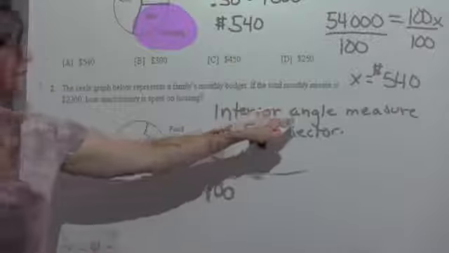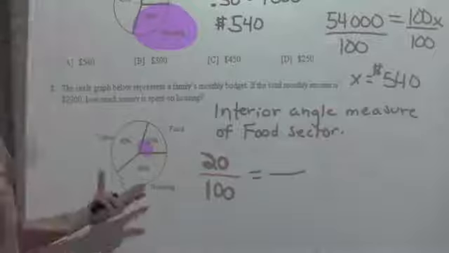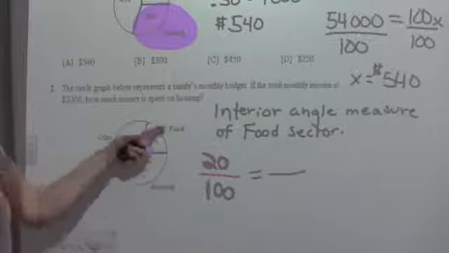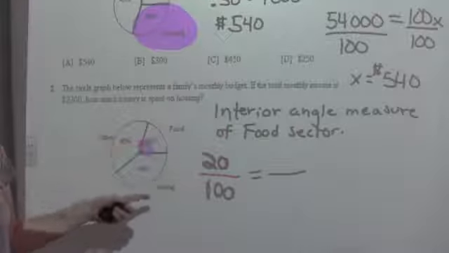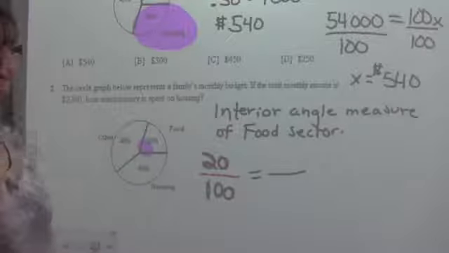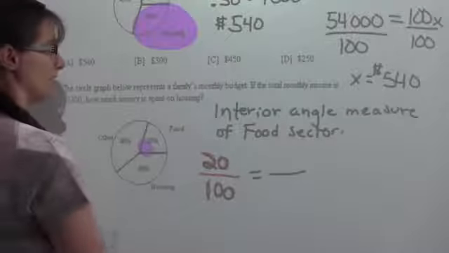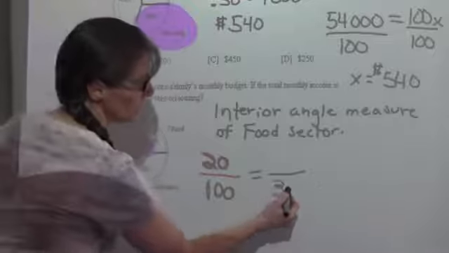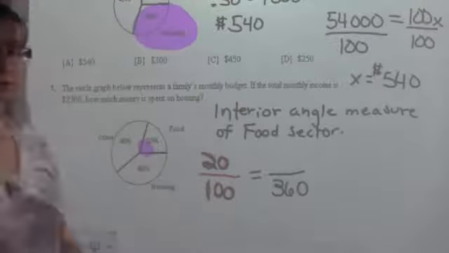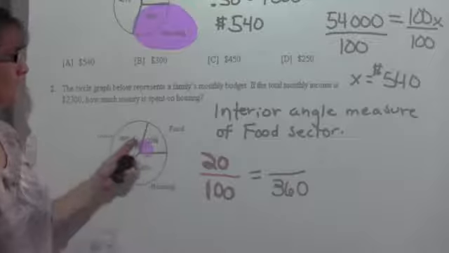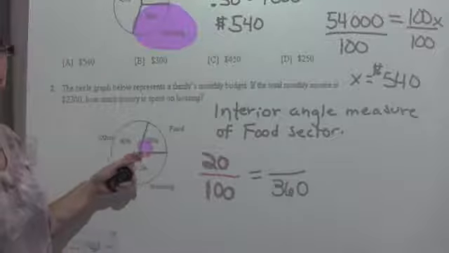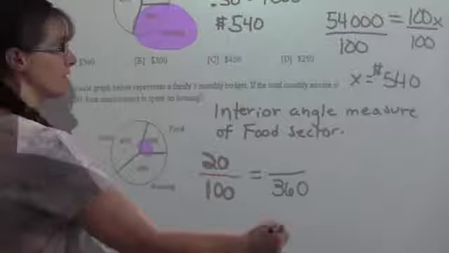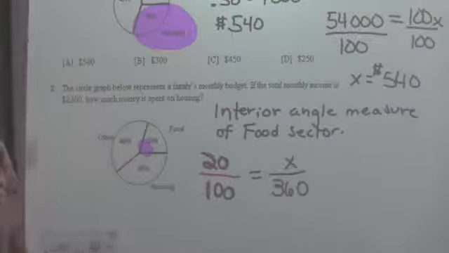Well, if I'm looking for an interior angle measure, I'm looking for degrees here. Well, I know that an entire circle has 360 degrees in it. Because that's my entire total, it goes on bottom, 360 degrees. And now I'm looking for the small piece of 360 that makes up this 20% sector. So that's going to be represented by x.